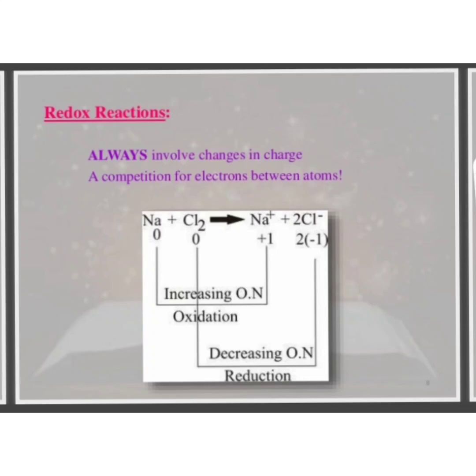At the same time, chlorine undergoes reduction, gaining one extra electron, and its oxidation number decreases from 0 to -1, and this is reduction.